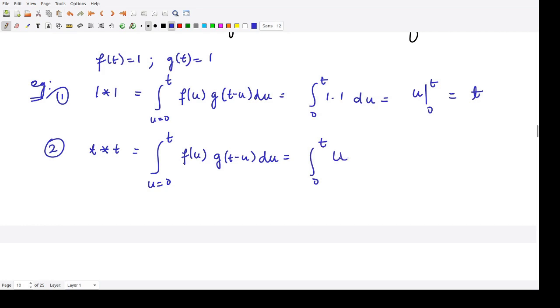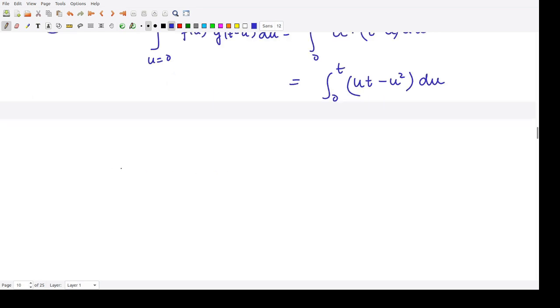Instead of t you will write u here, multiplied by t minus u, du. So now how will you perform this integration? The integrand would be ut minus u square du.